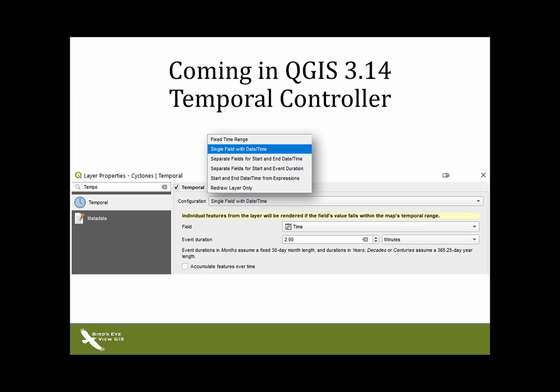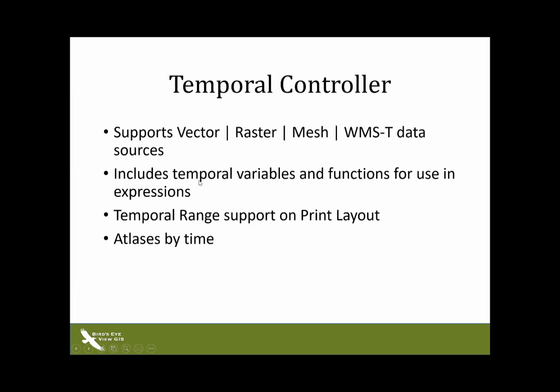And the temporal controller is going to be fantastic because it's going to support vector data, raster data, mesh data, WMS time data. And when you get into data-defined overrides and expression-based rendering, it includes temporal variables and functions that you can use. So QGIS is going to have all this out of the box.